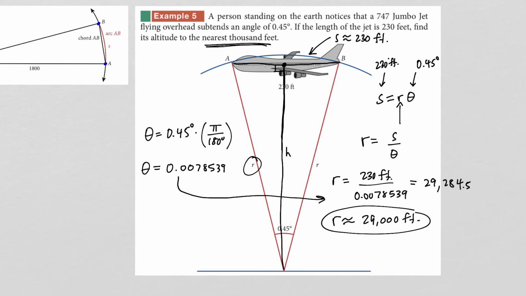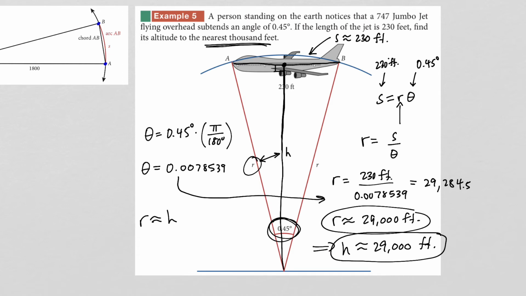So I can call that H for height. But here's the thing. When this angle is very, very small, R and H are very close to the same value. R is approximately equal to H for really small values of theta. So this means that the height is also approximately equal to 29,000 feet.